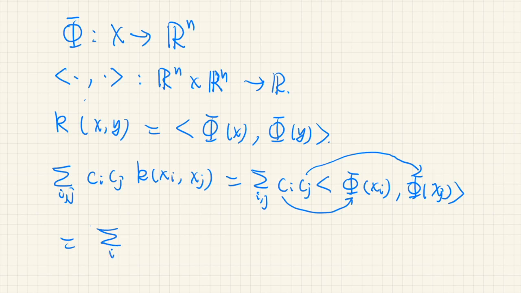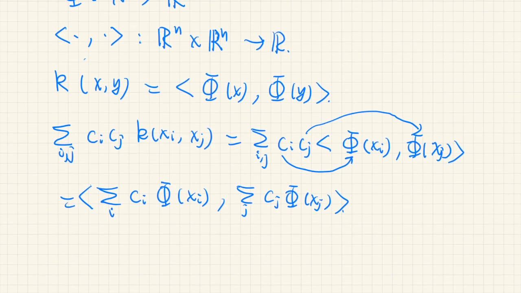Then this becomes the inner product between the sum over i of ci phi of xi, and the sum over j of cj times phi of xj. Now, i and j are just indices, so actually this sum and this sum are the same sums.